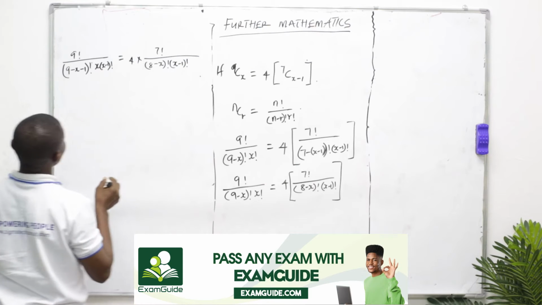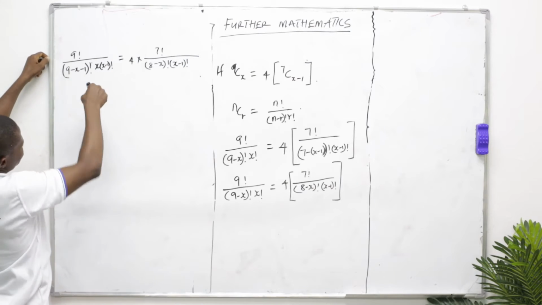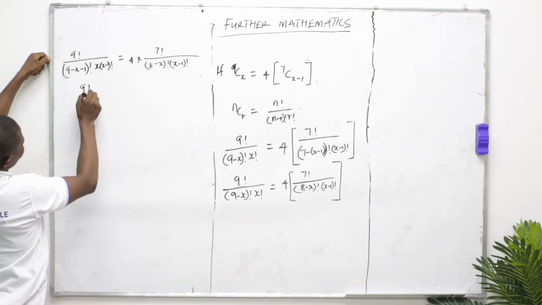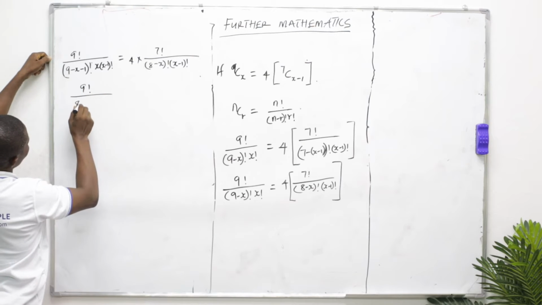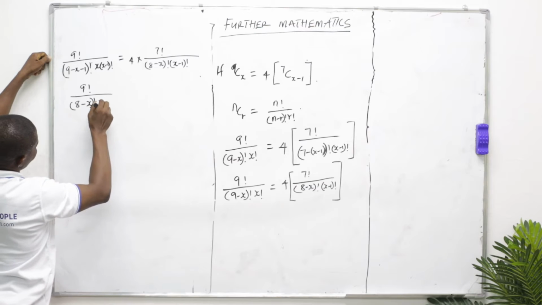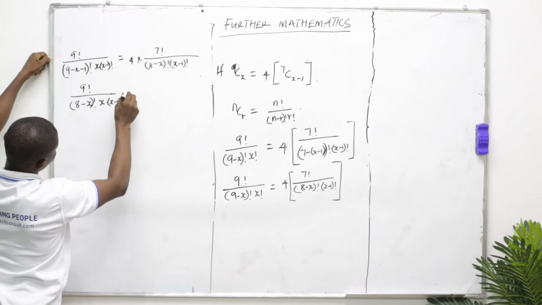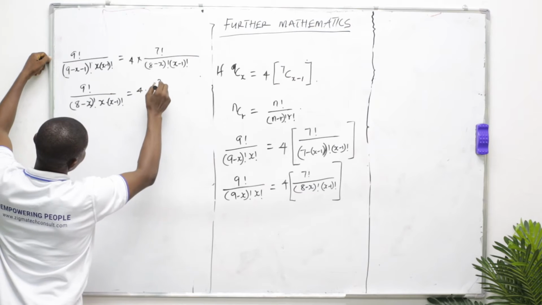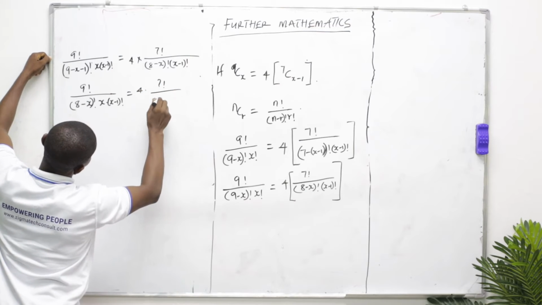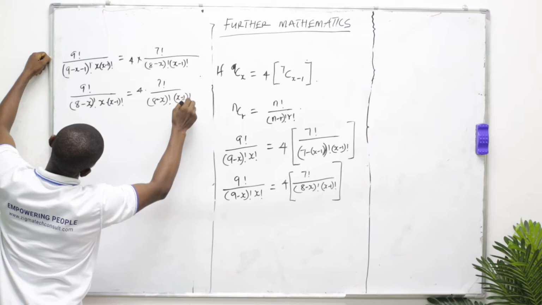Good. So 9 minus 1 will reduce to 8, meaning 9 factorial all over 8 minus s all factorial into s dot s minus 1 factorial equals 4 times 7 factorial all over 8 minus s factorial s minus 1 factorial.